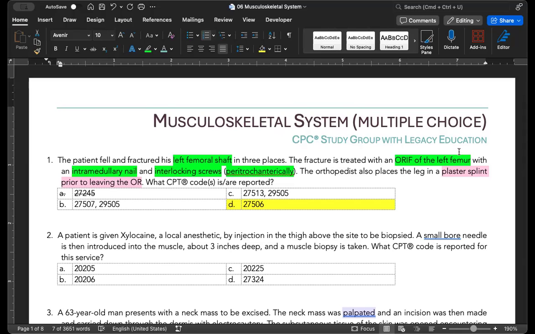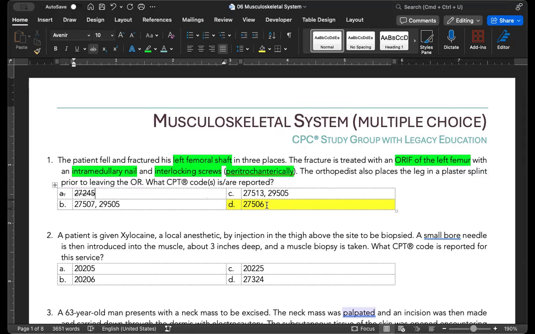But that initial splint or cast or strapping is going to be included in the procedure code. So in the testing environment, they might give you an option that has the correct procedure code, and then they might say whatever the code would be for the plaster splint.